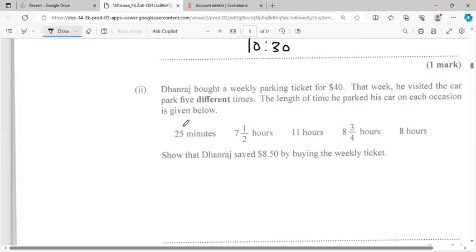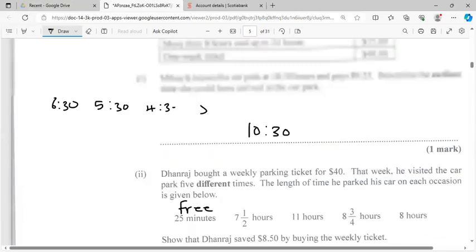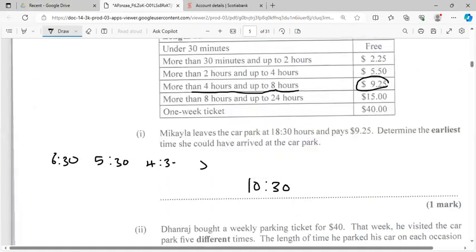What I do remember is that this was free. That's the rate for less than 30 minutes. So that would be free. Let's see now. The rate for more than 30 minutes, less than 2 hours, $2.25, then $5.50, up to 8 hours $9.25, greater than 8 hours $15.